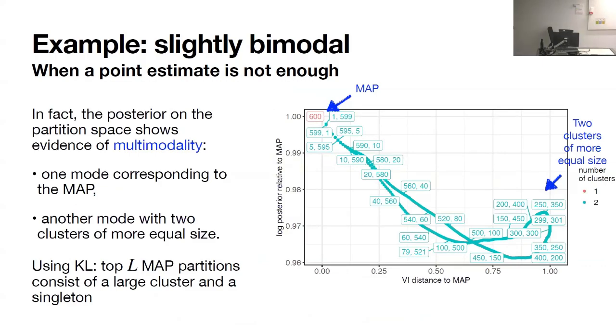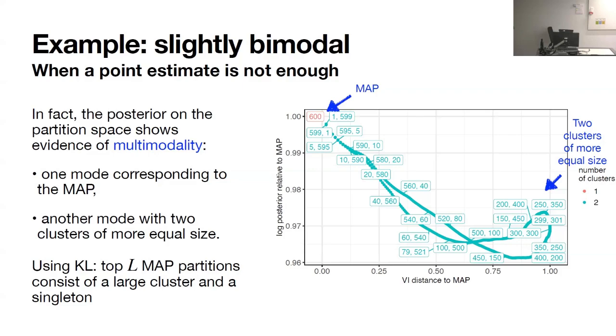Another interesting thing about this example is that the posterior shows evidence of multimodality. Each dot here is a partition, and this is the MAP partition up here, just one cluster, everyone together. There were 600 data points. This x-axis shows the distance to that MAP partition, and this is the posterior relative to the MAP.